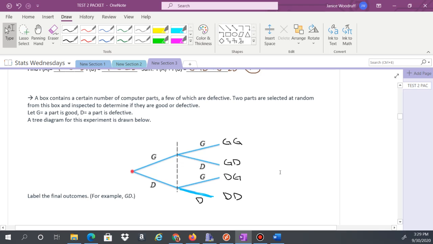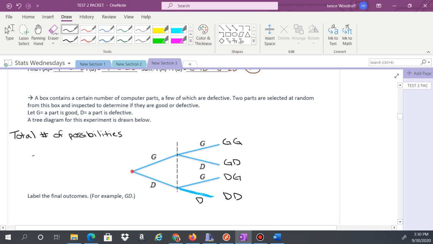On a tree diagram or for a sample space, your total number of possibilities is going to be the total number of outcomes, and then how many times you do it.